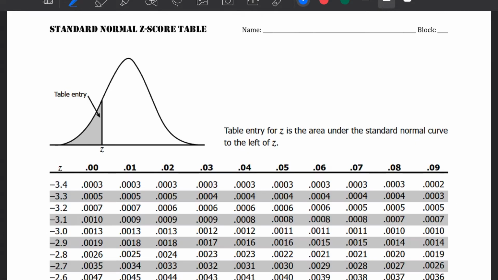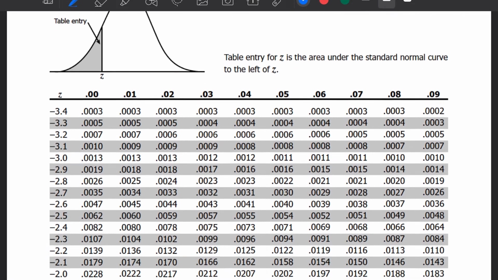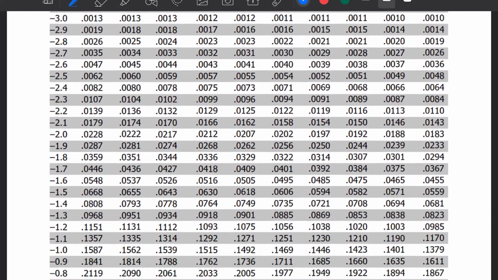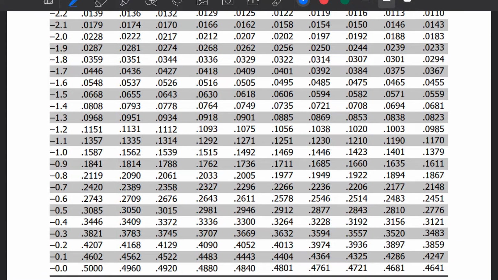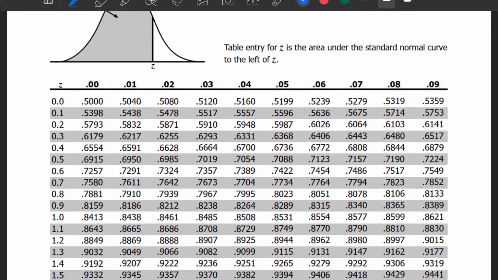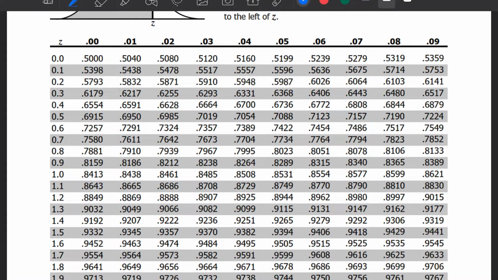I'm going to show it to you really quickly, but we're going to do something slightly different in a moment. Here's your z-table or z-score table. This maps different z-scores with different proportions. Instead of needing to rely on landing perfectly on 1 standard deviation or 2 standard deviations, this one gives us in-betweens.